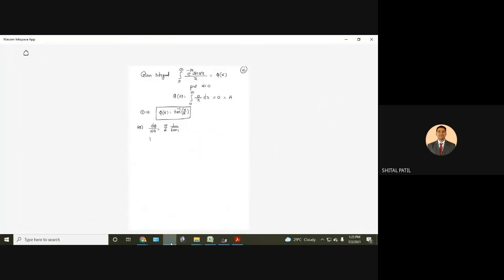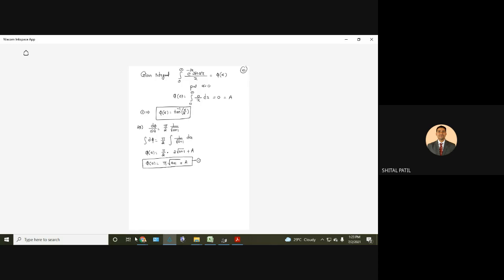Separate the variables. We have to decide the value of small a, and for that we have to use the given integral.